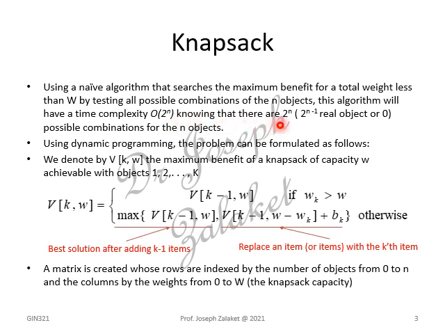Knowing that for each object there are 2 choices, either taken or 0, so the total will be 2 power of n, the total of the possible combinations of n objects.